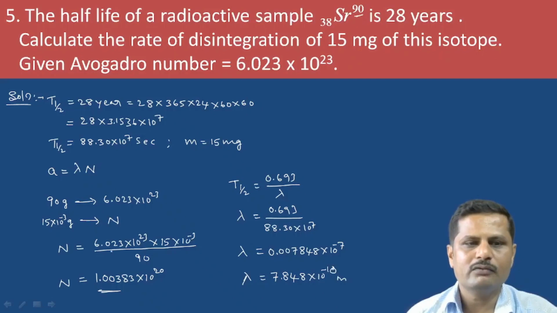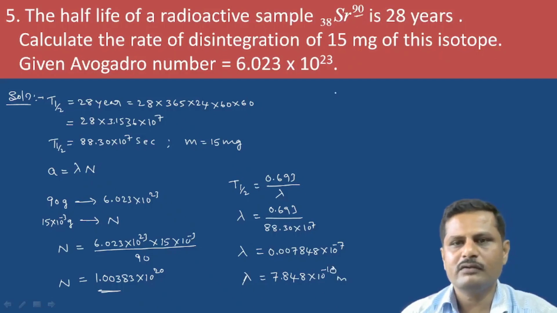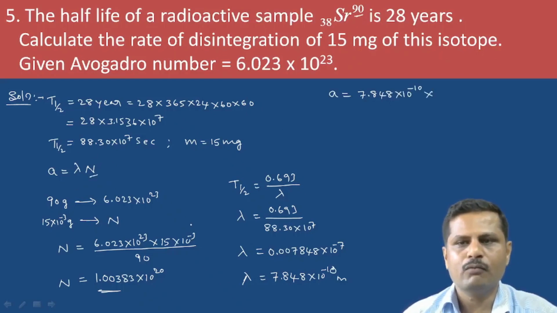Now by using this, we can calculate the rate of disintegration, that is nothing but the activity of this radioactive substance. That is, A equals lambda N, where lambda we got as 7.848 into 10 to the power minus 10, into N equals 1.00383 into 10 raised to 20.